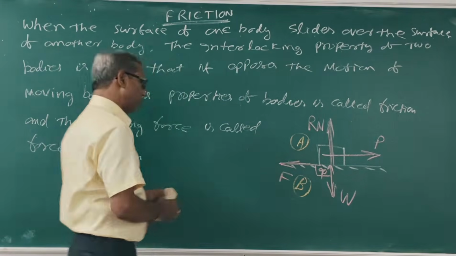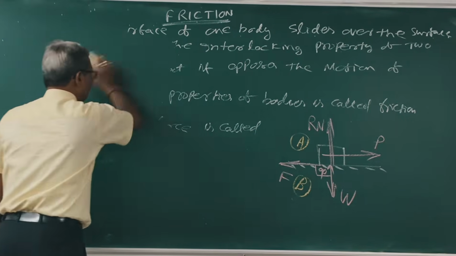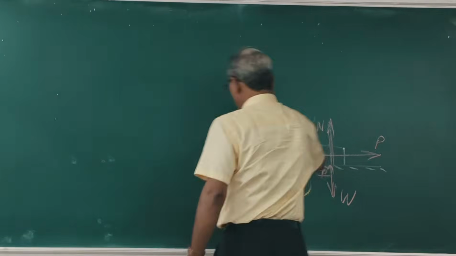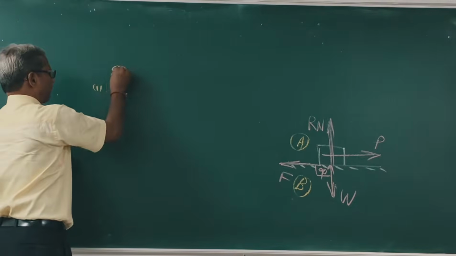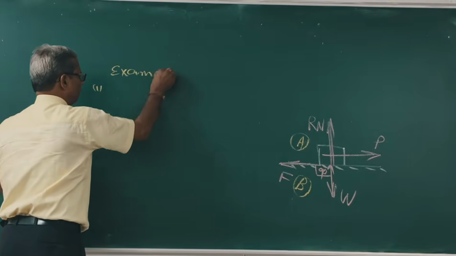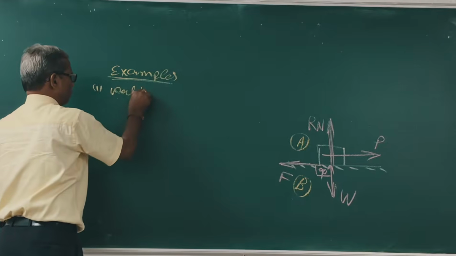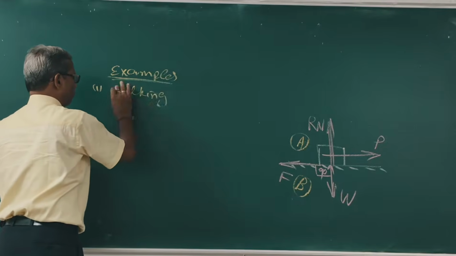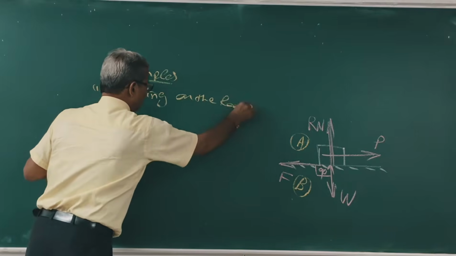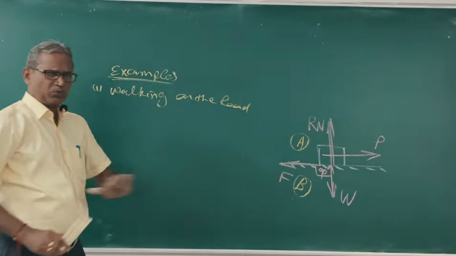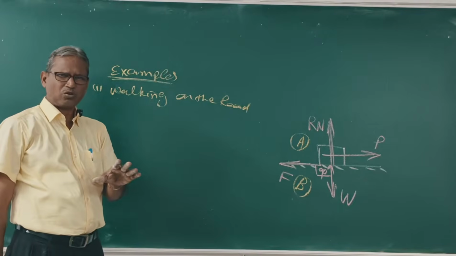Okay, what are the examples? Number one, walking on the road. If the road is smooth, our feet can slip on the road.